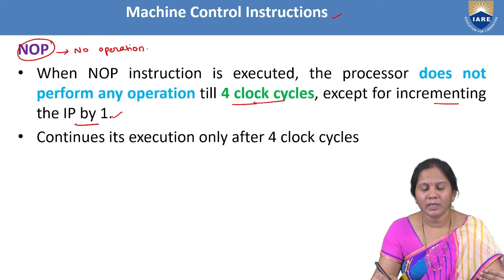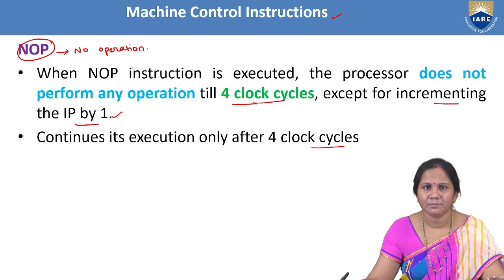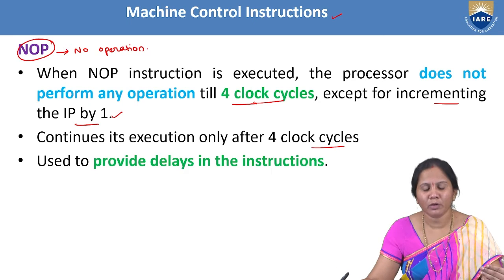Here the IP value will keep on incrementing by 1 up to 4 clock cycles. So one time if you use the instruction NOP in the program, it provides a delay of 4 clock cycles. If you want to provide more delay, you have to write NOP instructions accordingly.